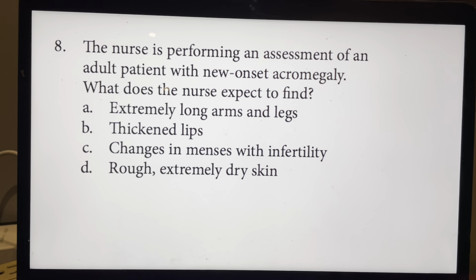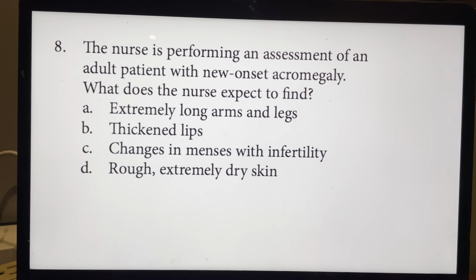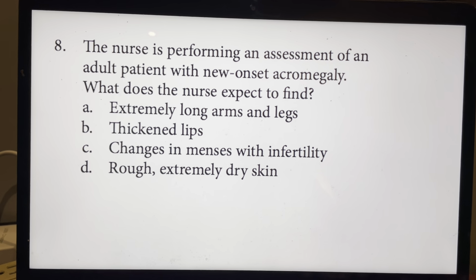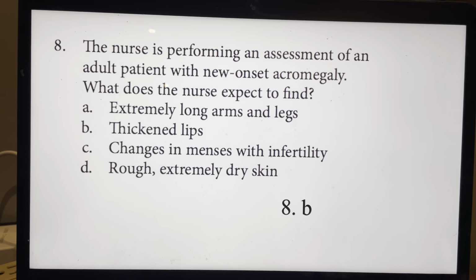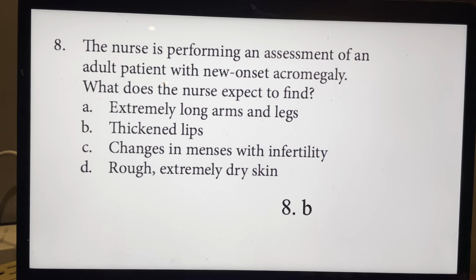All right. The nurse is performing an assessment of an adult patient with new onset acromegaly. What does the nurse expect to find? Extremely long arms and legs, thickened lips, changes in the menses with infertility, or rough and extremely dry skin. Thickening of the lips. Now, I know I didn't say that a while ago, but now you know.